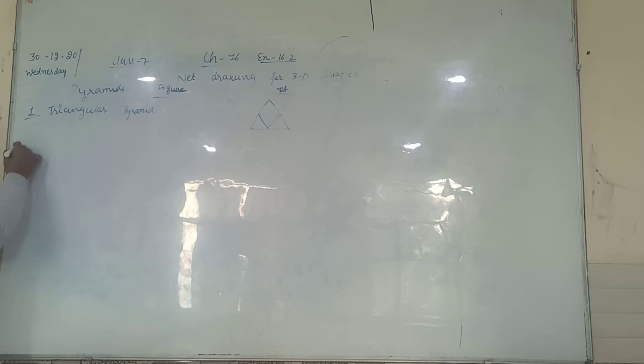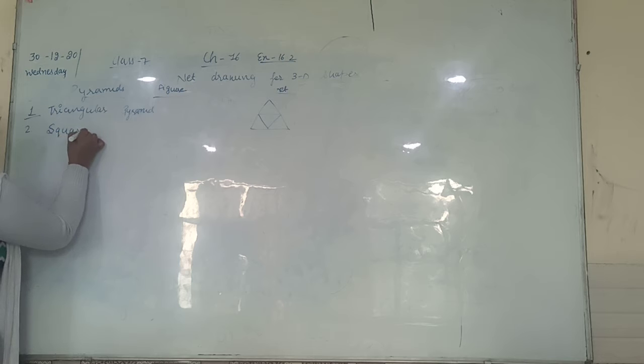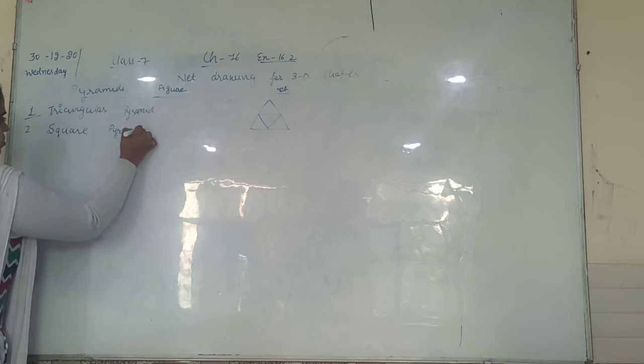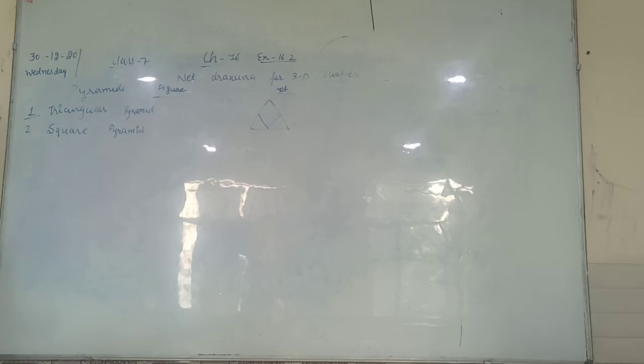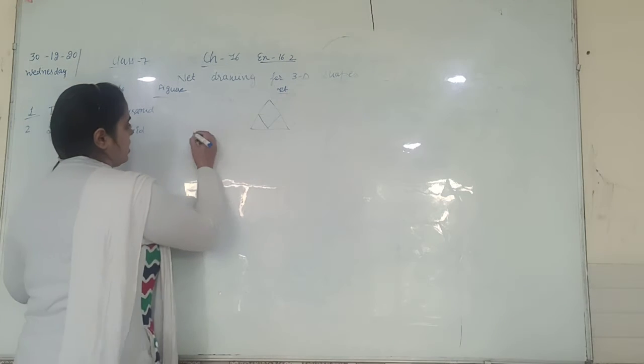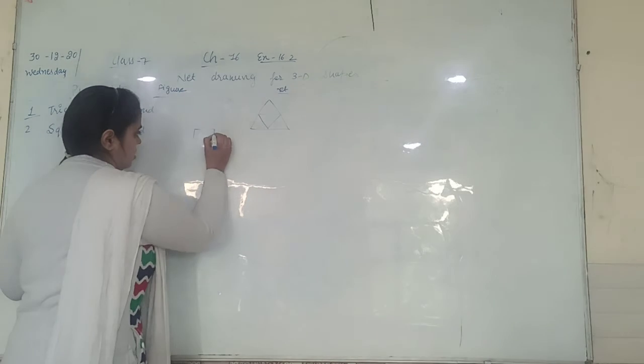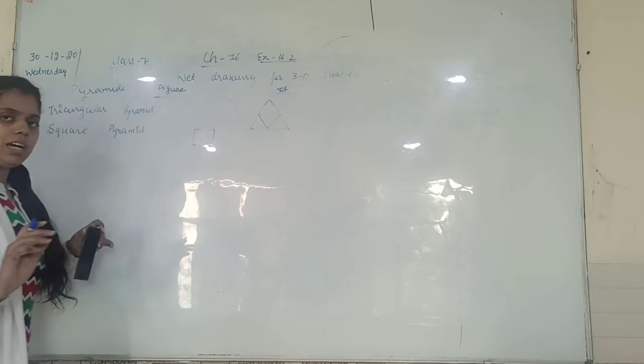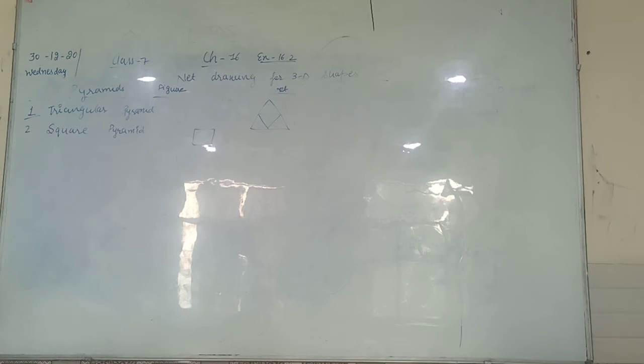After that, second one is square pyramid. So beta, net of square pyramid is, firstly, why do we call it square pyramid? Because here it has a square at the end, and then a triangle, or you can say the pyramid on top of it.